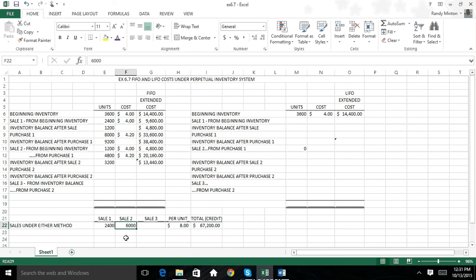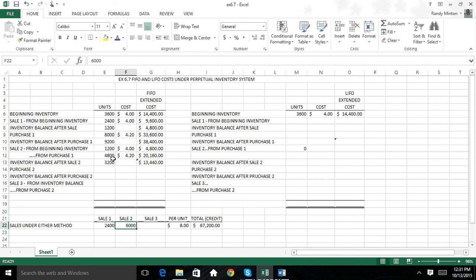Remember, this is FIFO, so the first ones in are also going to be the first ones out, and we had 1,200 units left over from the beginning inventory. So those are the first 1,200 that go out, and then I have to go to the first purchase, and notice that the first purchase was 8,000 units. And so I need 4,800 from that 8,000, because 6,000 minus 1,200 is 4,800.